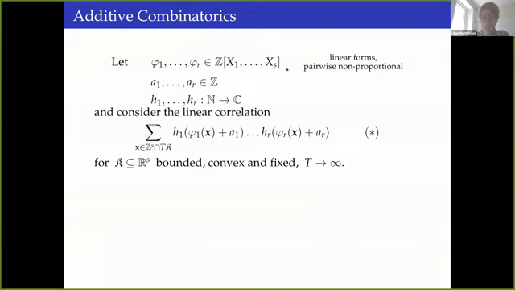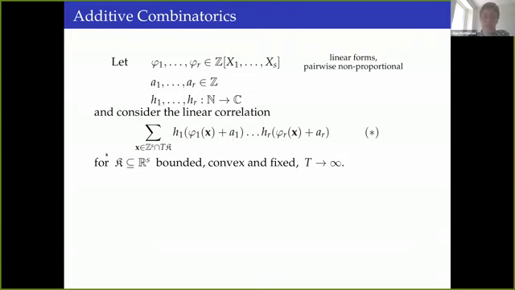For each of the forms, we fix an integer shift, and we consider now, instead of the von Mangoldt function, arbitrary arithmetic functions, h_1 up to h_r, which are functions defined on the natural numbers. And now we consider what I denote as a linear correlation of these functions h_1 up to h_r. We consider an expression where we evaluate the jth arithmetic function at the jth form shifted by the jth constant.